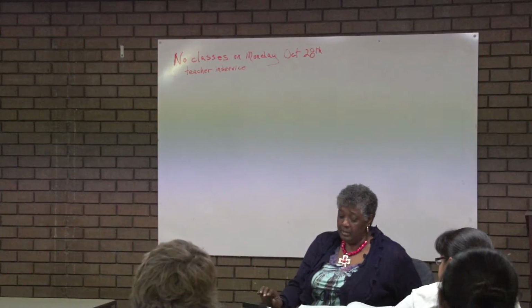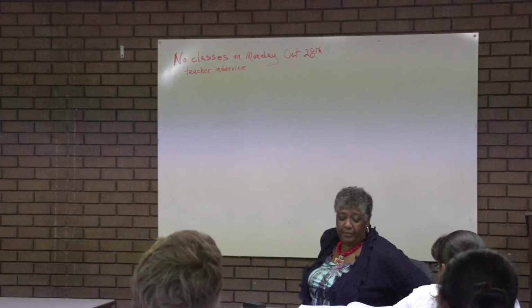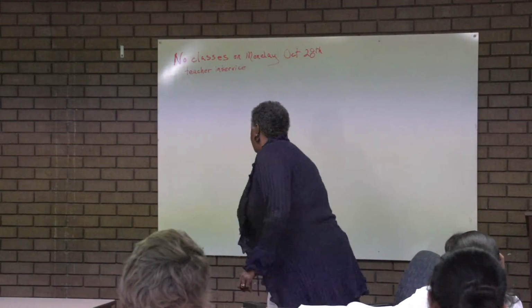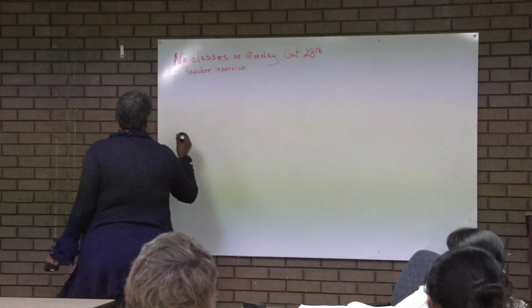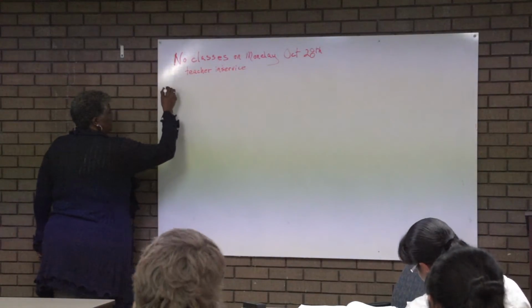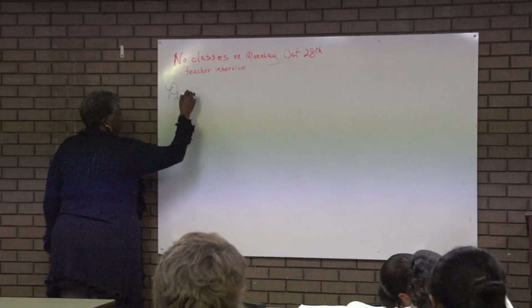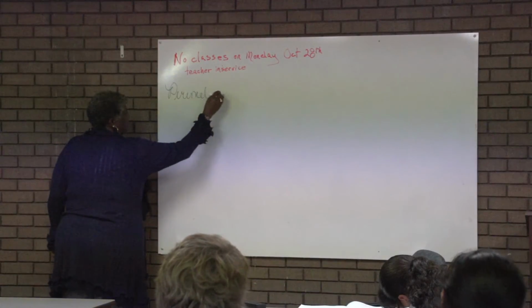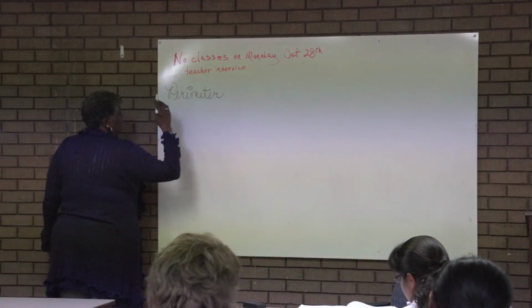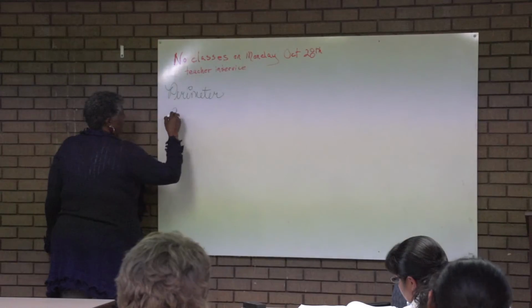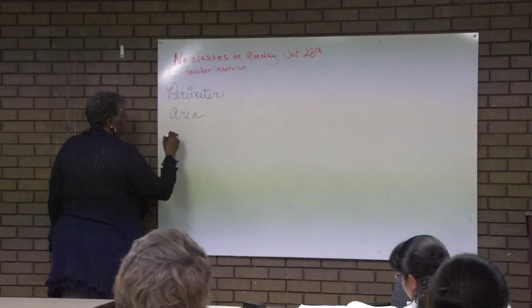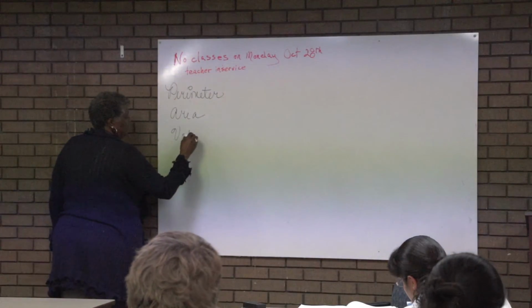Now, the things that you have to measure and work with mostly in geometry are three things. You have to find the perimeter of objects or spaces, the area, and the volume.